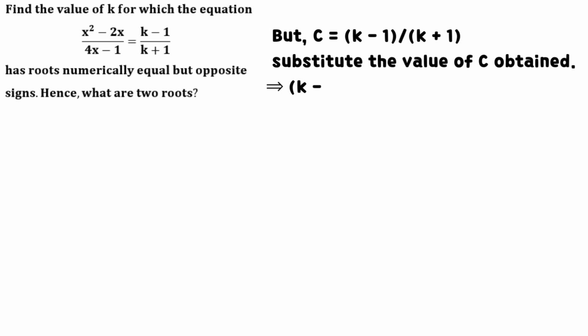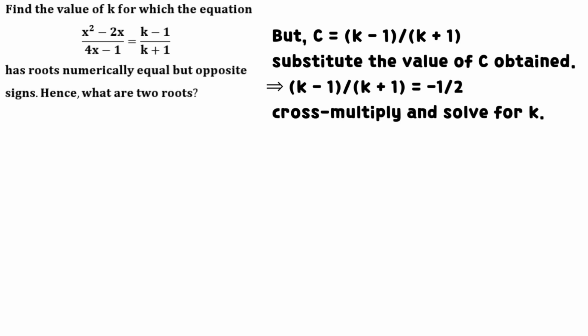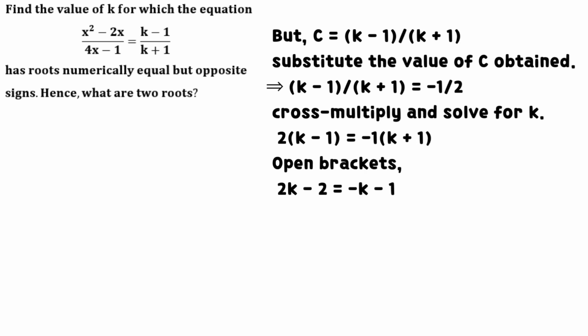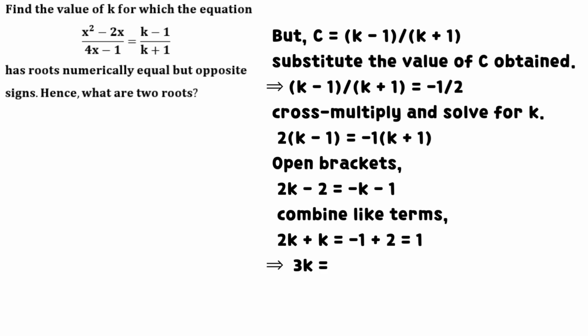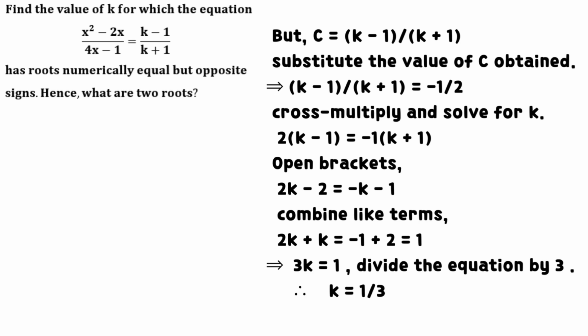But c equals (k minus 1) all divided by (k plus 1). Substitute the value of c obtained. We have that (k minus 1) all divided by (k plus 1) equals negative half. Cross-multiply and solve for k.